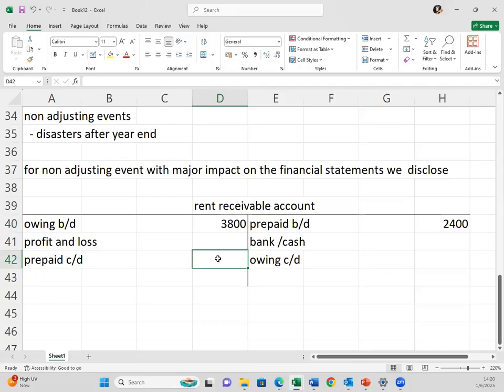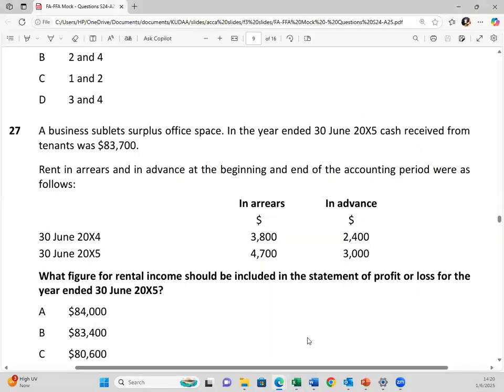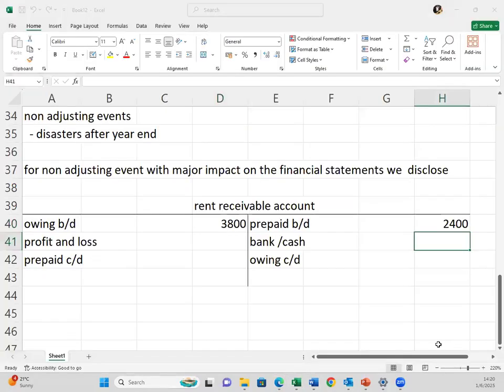Then besides the owing BD, how much did we receive that year? We credit this because the double entry is that we debit the bank. So how much are we going to put as the bank or cash, the amount we receive? 83,700, yes. So 83,700.